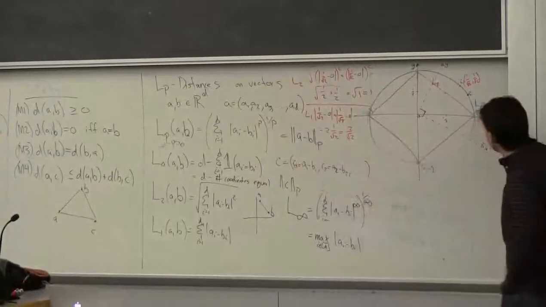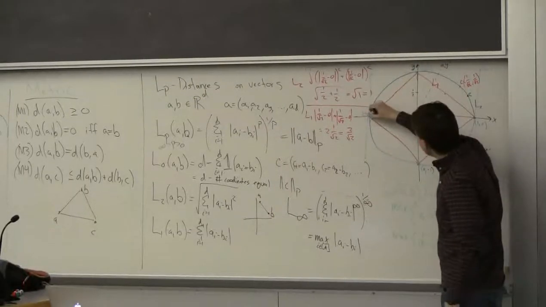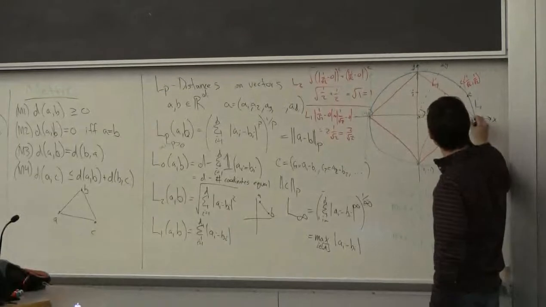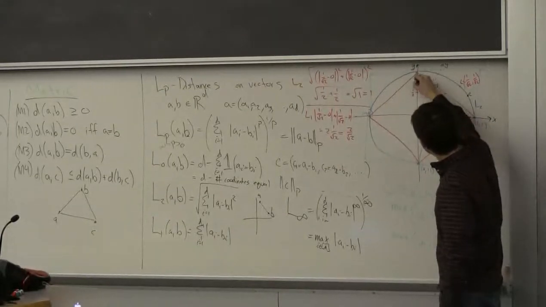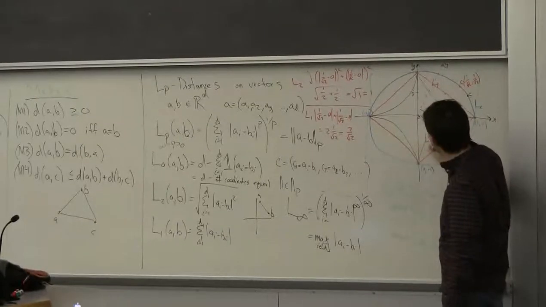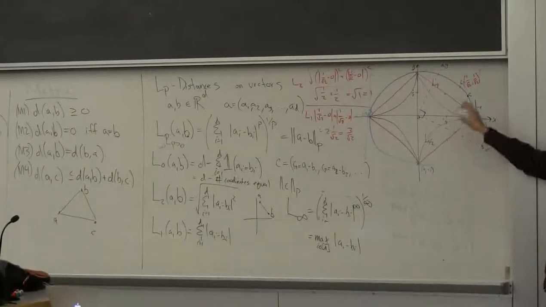So all the axis points are going to be here. And then something weird is going to happen. It's going to kind of look like this. So this is the L 1/2 unit ball. This is pretty strange, right?